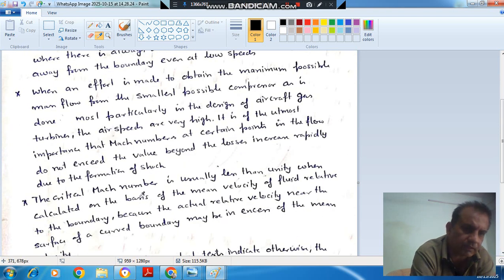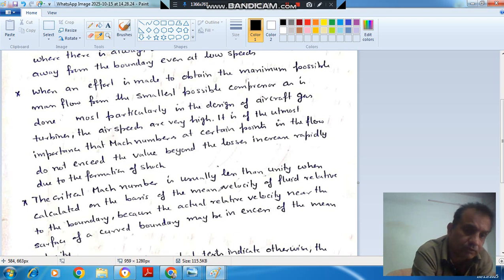Next point, the critical Mach number is usually less than unity when calculated on the basis of the mean velocity of fluid relative to the boundary, because the actual relative velocity near the surface of a curved boundary may be in excess of the mean velocity.